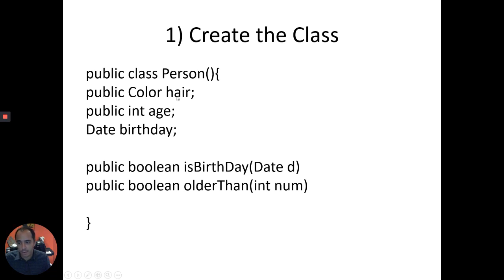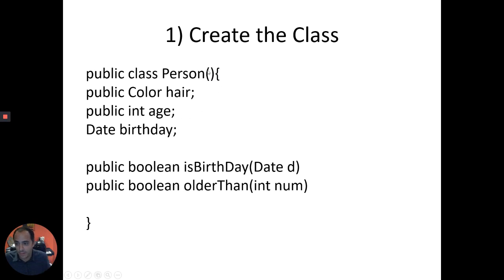You're going to have a hair color, maybe an age, and a birthday. There's nothing else, no other properties in this person. If you wanted more properties, you would have to add more data types in there. And then here I've decided what sorts of behaviors or key actions. And these are all methods. And I'm just defining them. I haven't given them any details yet, but I'm just defining them here.